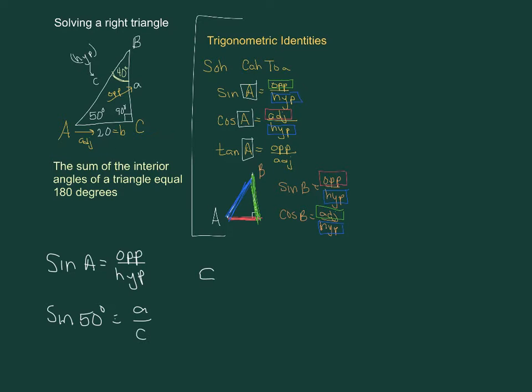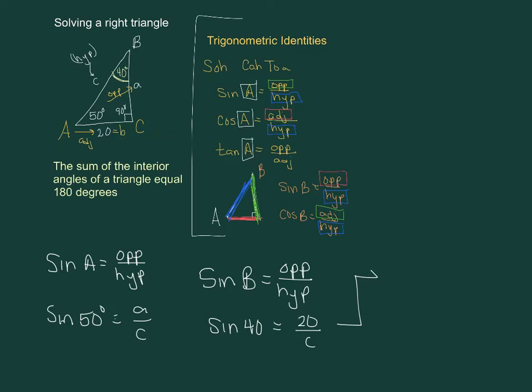So I'm going to try sine of angle B, which is also the opposite over the hypotenuse. The sine of B is really the sine of 40, which is the opposite, 20, over the hypotenuse C. Now I have something to work with.